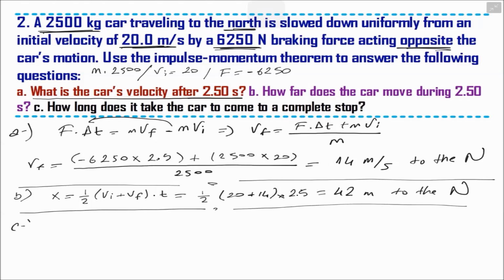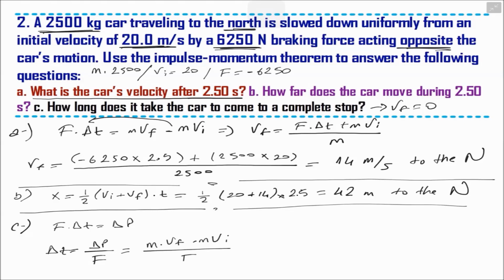At part C, it says, how long does it take the car to come to a complete stop? Complete stop means the final velocity of the car is going to be 0. So from the impulse-momentum theorem, F times delta t equals delta p, and delta t equals delta p over F, that is, m times v final minus m times v initial over F. And the final velocity will be 0 because it says complete stop.